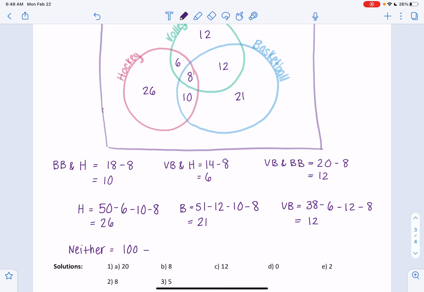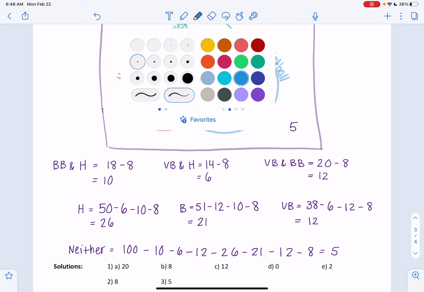So we have basketball and hockey, volleyball and hockey, volleyball and basketball, hockey, basketball, volleyball, and the students who play all three. And that gives us 5. So we need a 5 out here. And that would be our number of students who don't play any of the sports.